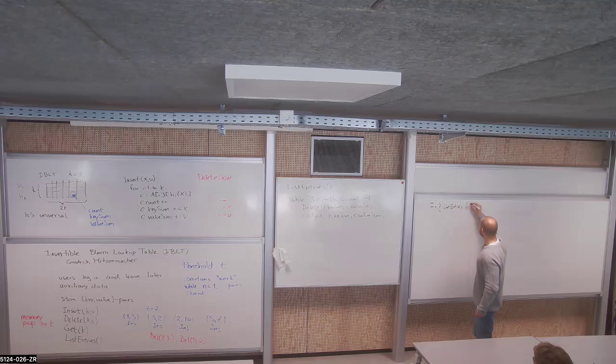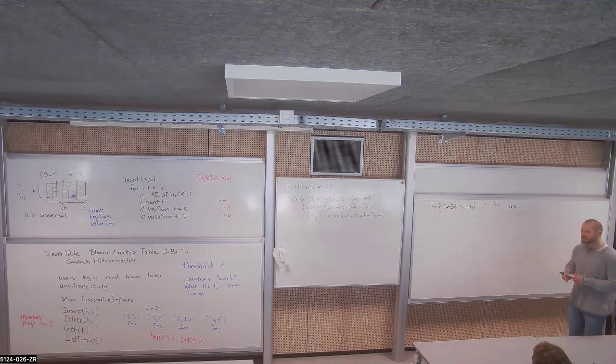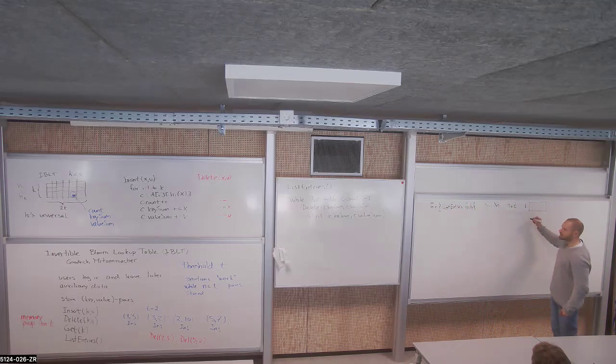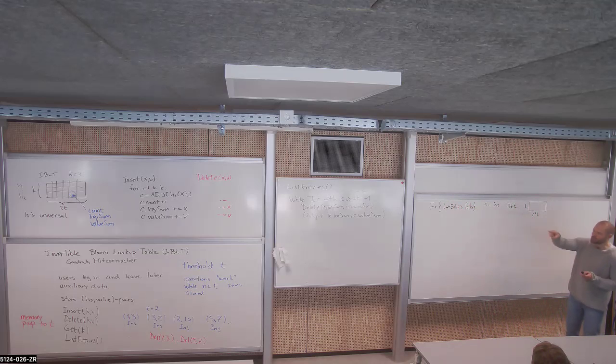Let's say we have keys x1 to xn. These have been inserted, and n is less than t. For this analysis, just to make the constants a little bit prettier, I'm going to change the size of the table a little bit, so that it's still k on one side, and here it's going to be e squared t, just the natural number squared instead of 2. It's just to make the numbers pretty. We'll see that this is a little bit more convenient.